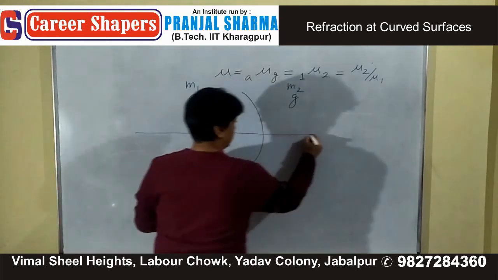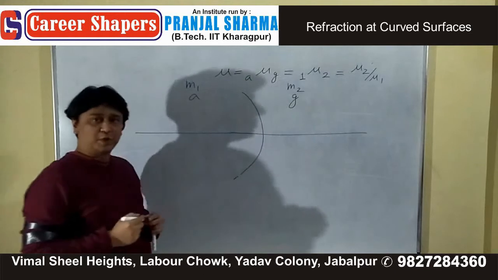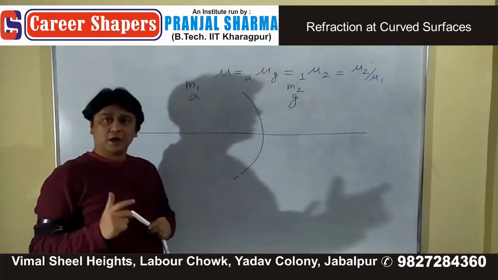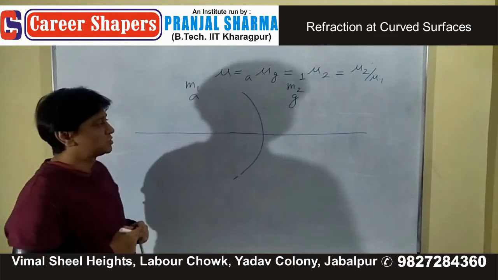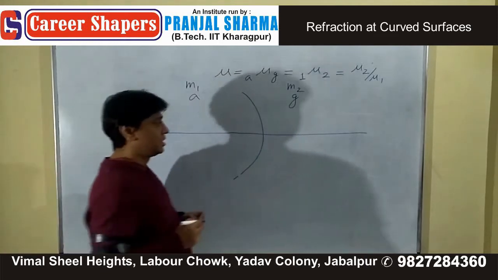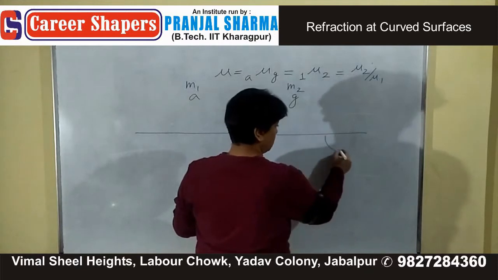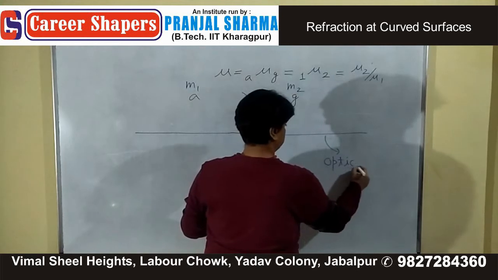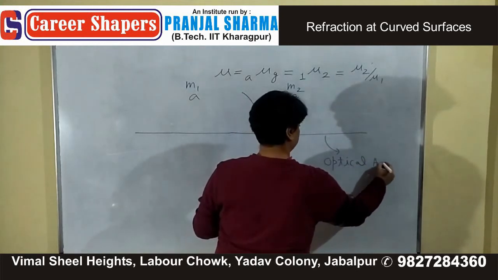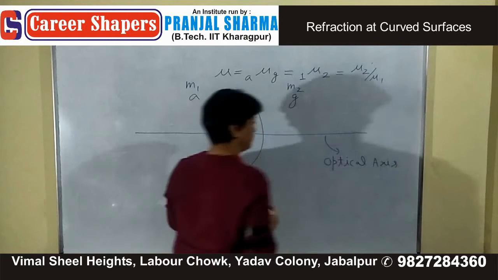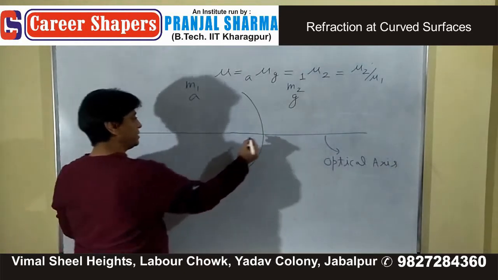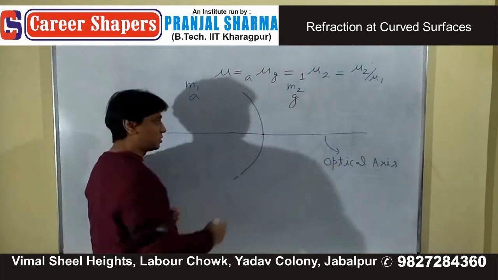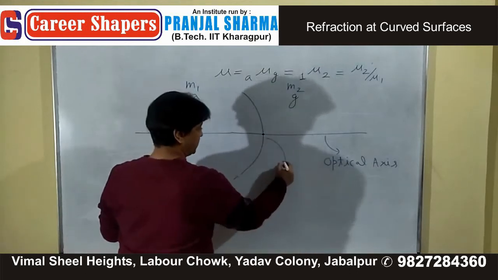Now, this line which passes through the center of this curved surface, in case of curved mirrors, was called the principal axis. Now this is called the optical axis. This point, which was called the pole, is now called the optical center.